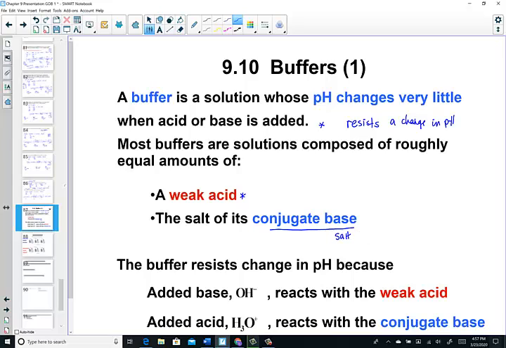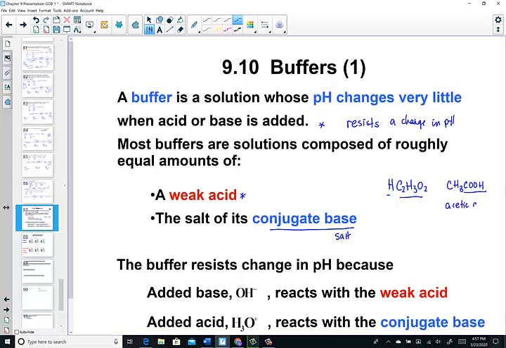So let's say, for example, acetic acid. This is vinegar, HC2H3O2. Sometimes you see it written in the organic chemistry style as a carboxylic acid, CH3COOH. Both of those are exactly the same formula.